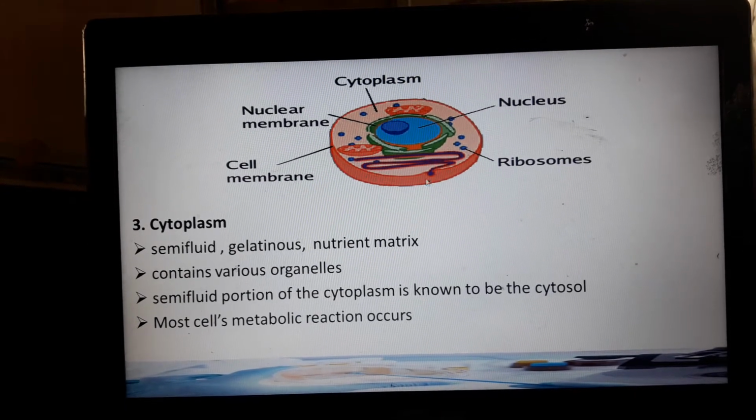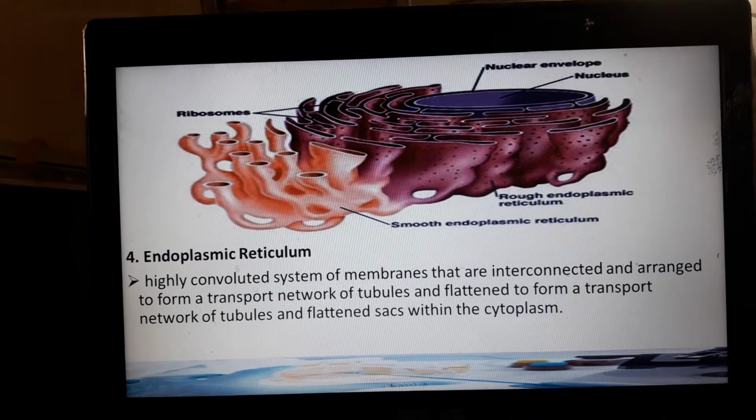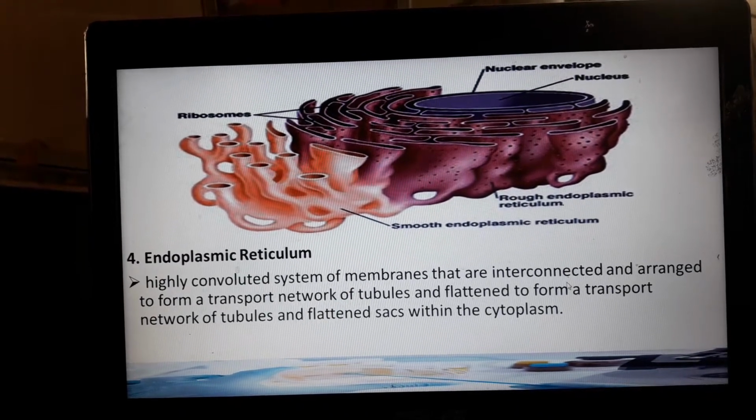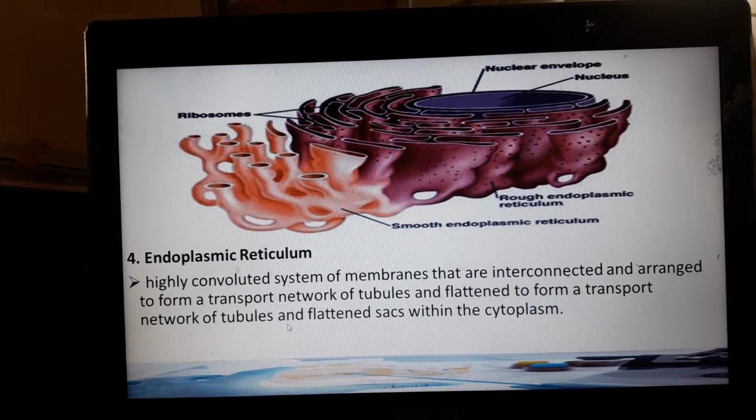Okay, we have also ribosomes that are found, okay, for protein synthesis pa rin. And the endoplasmic reticulum, this one, is a highly convoluted system of membranes that are interconnected, flattened to form a transport network of tubules and flattened sacs within the cytoplasm.